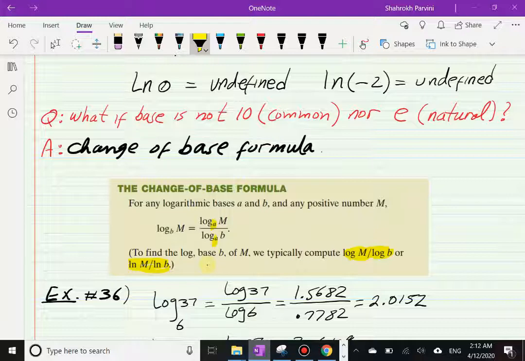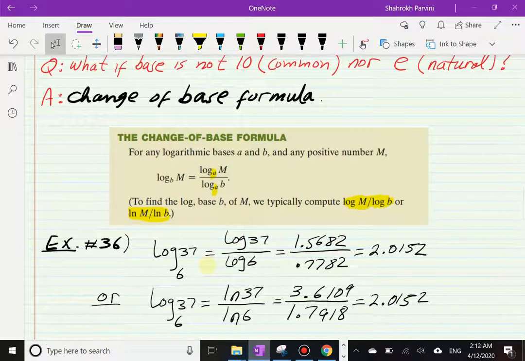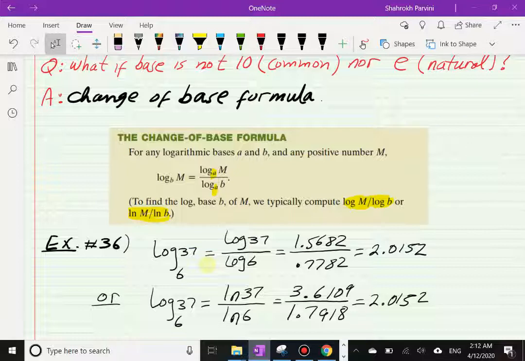And so I used both of them. Here, this is with the common log, and then directly beneath it is the same ratio only with natural logs. And I went ahead and put in the numbers, and those are the answers that I got. You can verify these on your calculators.